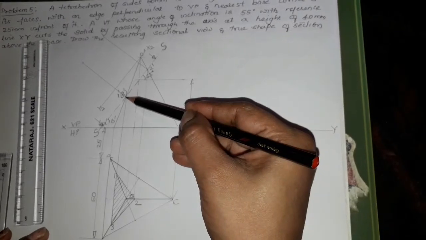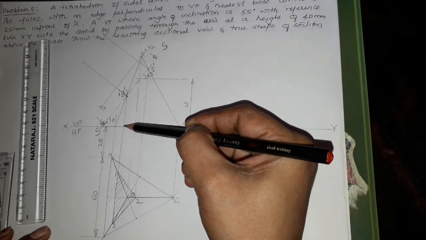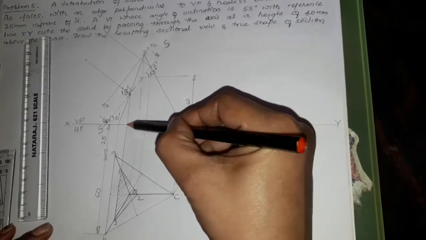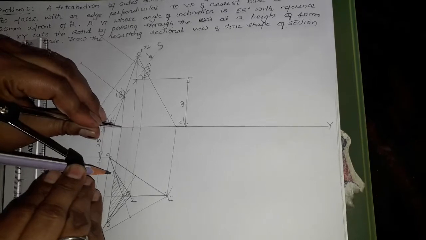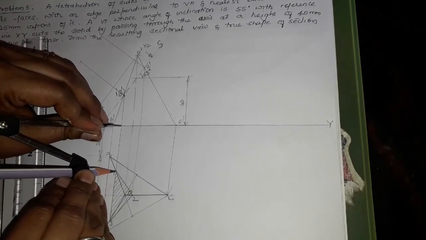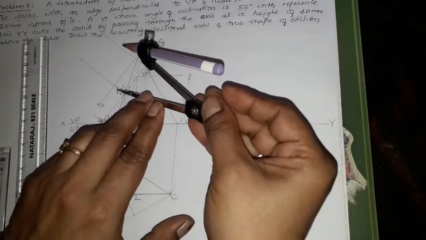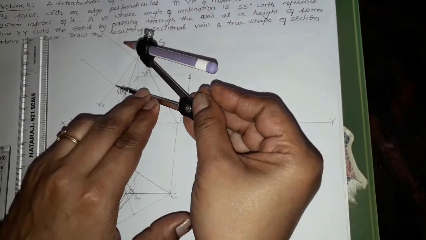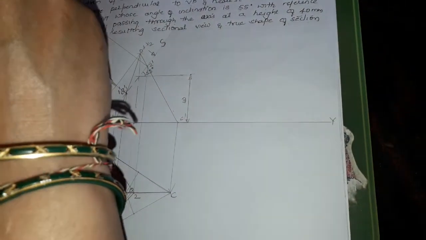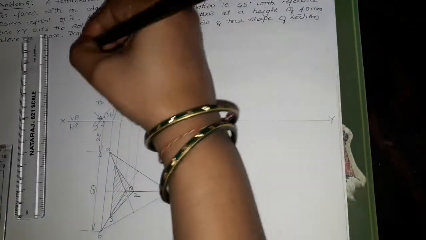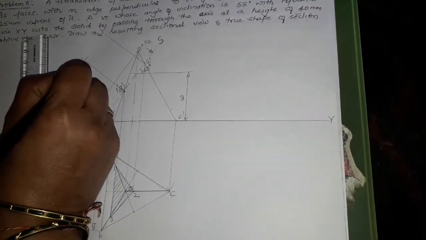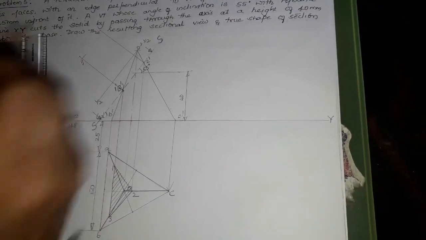From this point 1, go on checking where the point meets the xy line. This is the point where it meets. Keeping your compass on this point, measure the distance from point 1 to the point and place it on the x2 y2 line and cut the arc. So this point will become your 1 suffix 1.